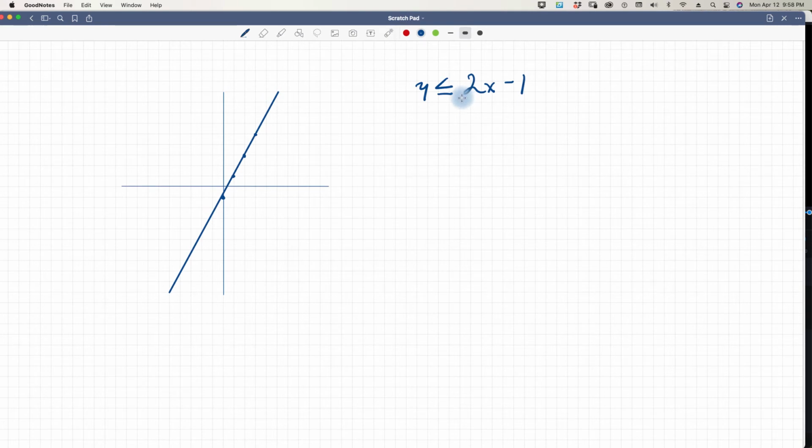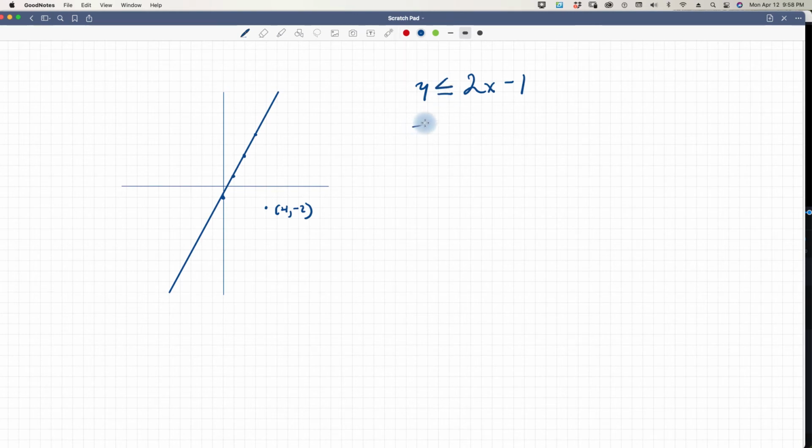Now I need to find a point to test on this side of the line. So let's just pick this one here. That's a good one. And this is going to be 1, 2, 3, 4. 1, 2 is below, so it's -2. Okay, so let's test for -2 and see if it makes the statement true.